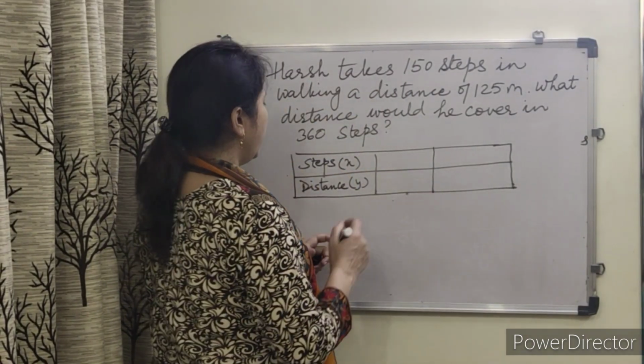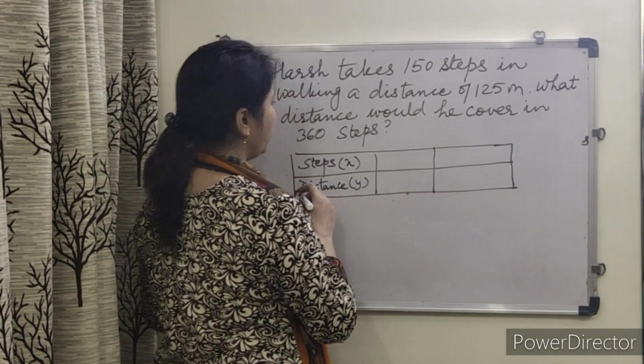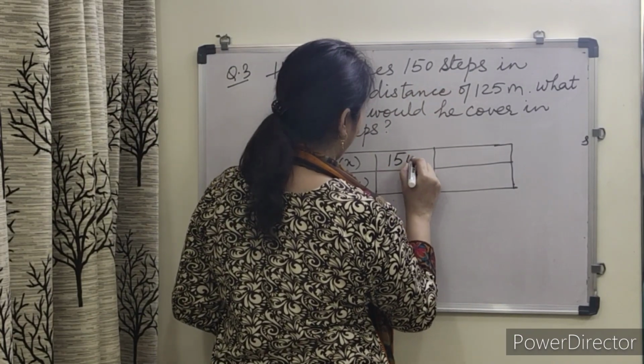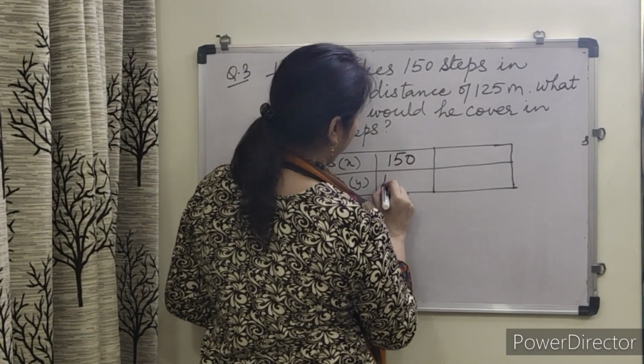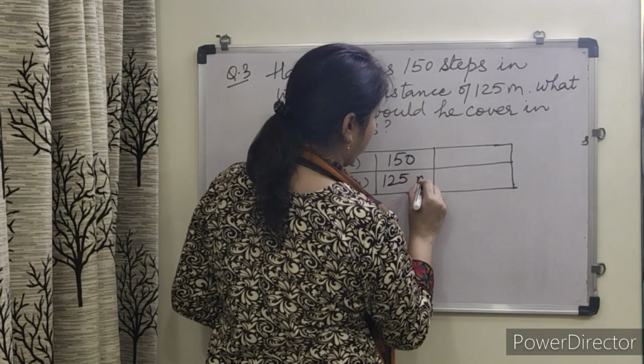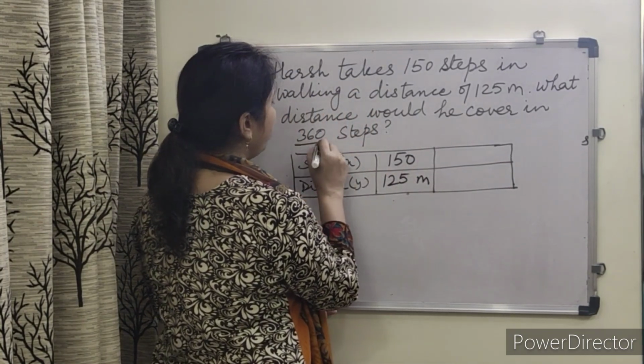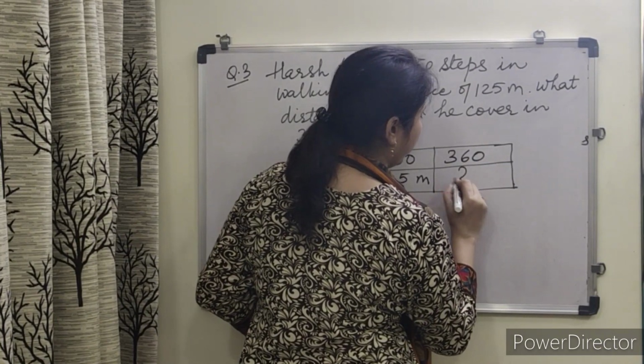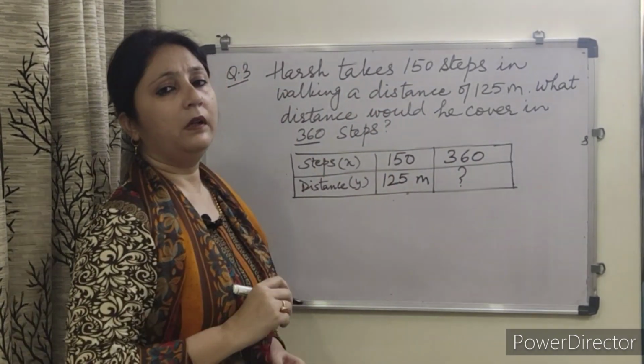So let's write in the same format as we were doing. First he was taking 150 steps and he covered 125 meters. Now we have to find when he takes 360 steps, how much distance he is going to cover.